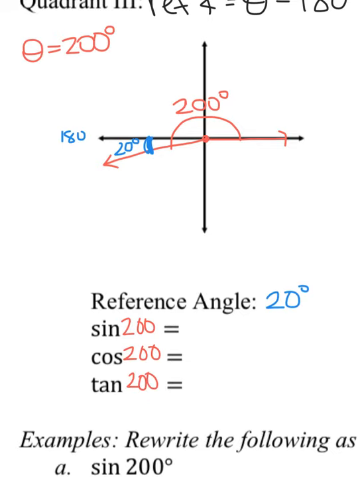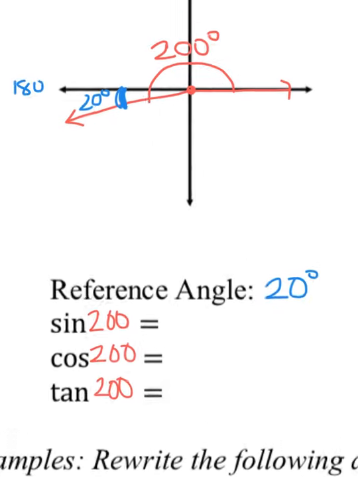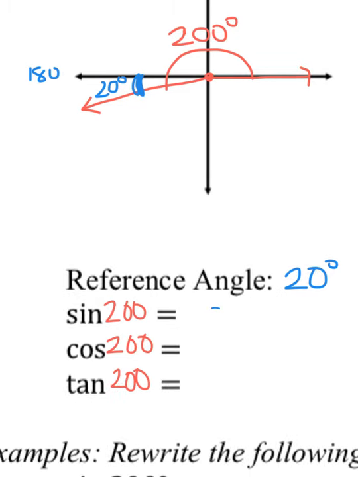Okay. So the sine of 200 is the same thing as the sine of 20. The cosine of 200 is the same thing as the cosine of 20. It's the sine of the reference angle, cosine of the reference angle, tangent of the reference angle.